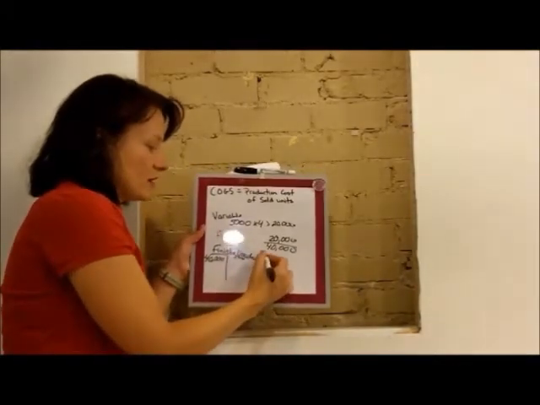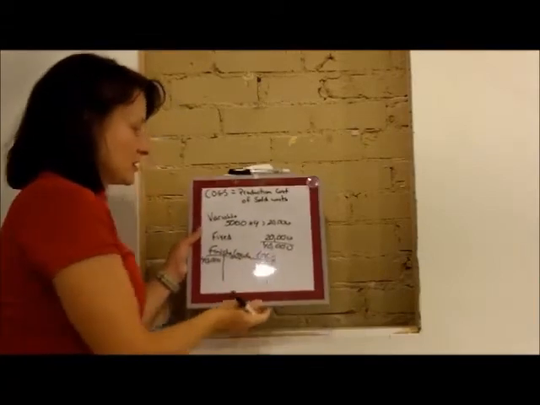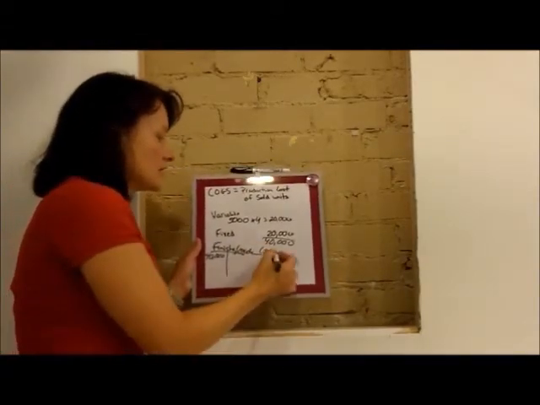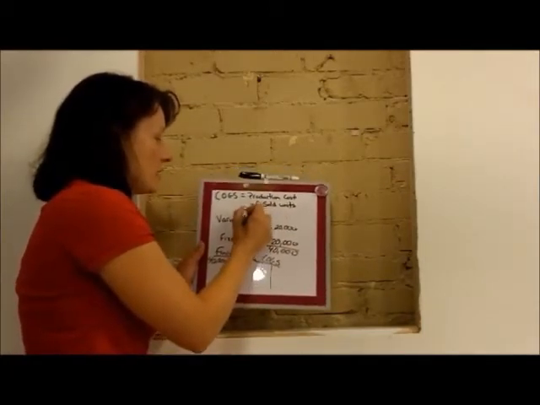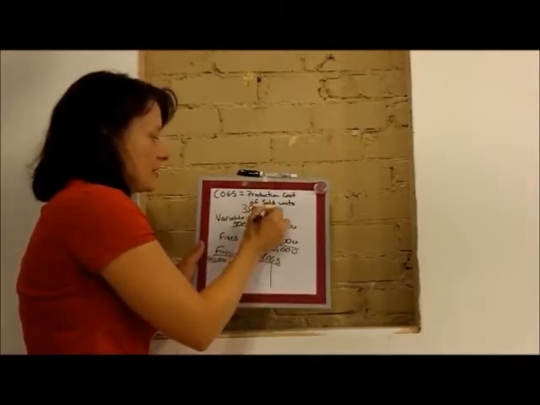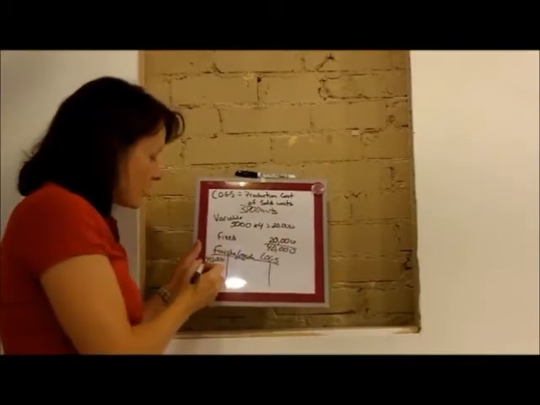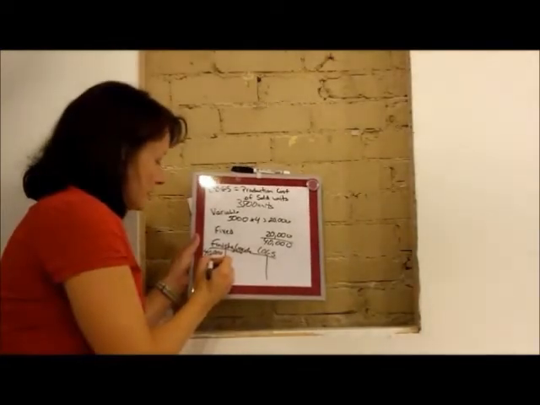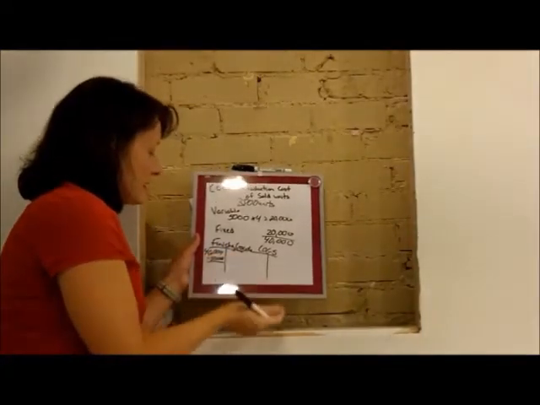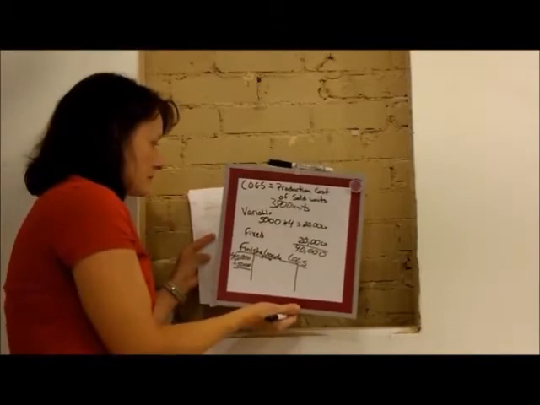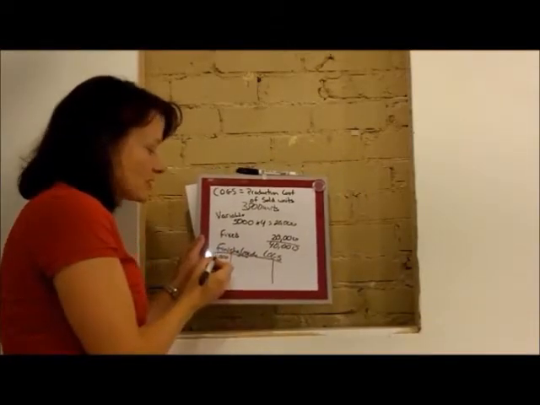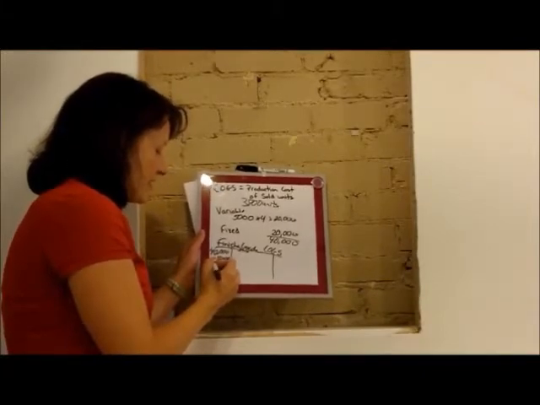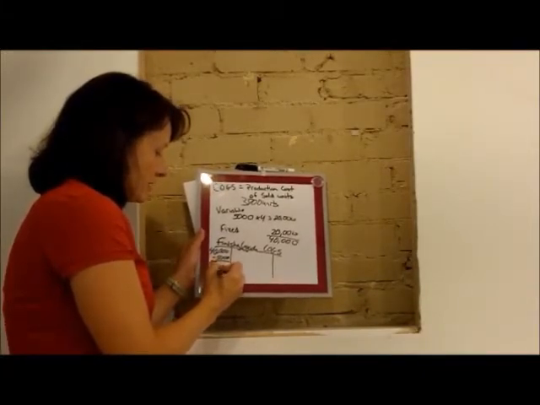We're trying to figure out the cost of goods sold amount. The cost of the goods sold, well, we only sold 3,800 units. This $40,000 is related to 5,000 units. So that means if we spread this $40,000 over 5,000 units, that's $8 per unit.